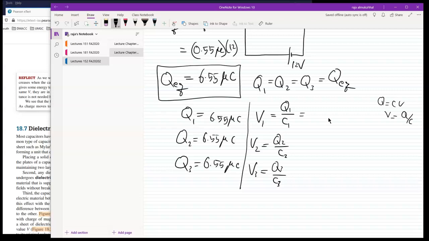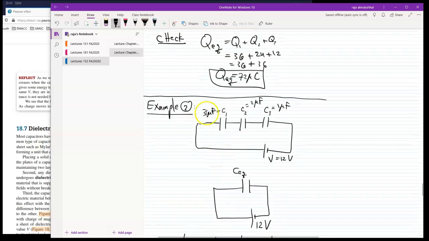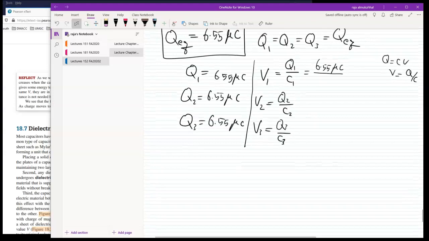And this will give me 6.55 microcoulomb divided by C1. I forgot what C1 is. I think it's 3. It's right here: 3, 2, and 1. Okay, so I have here over 3 microfarad. The micros cancel out. So I end up with, let me erase that.